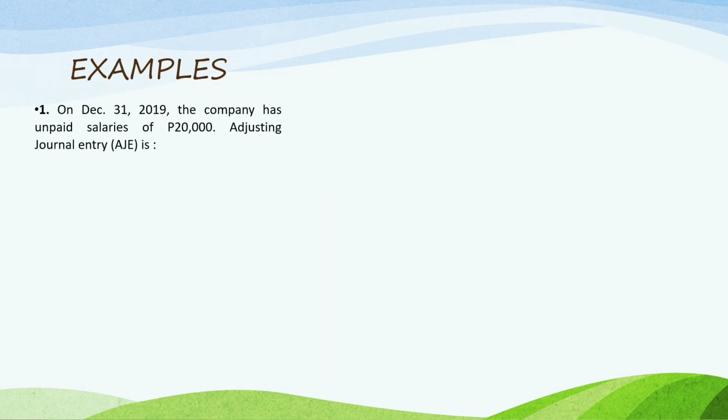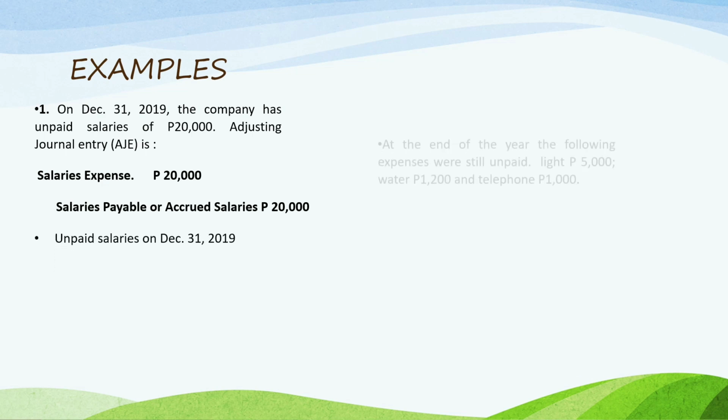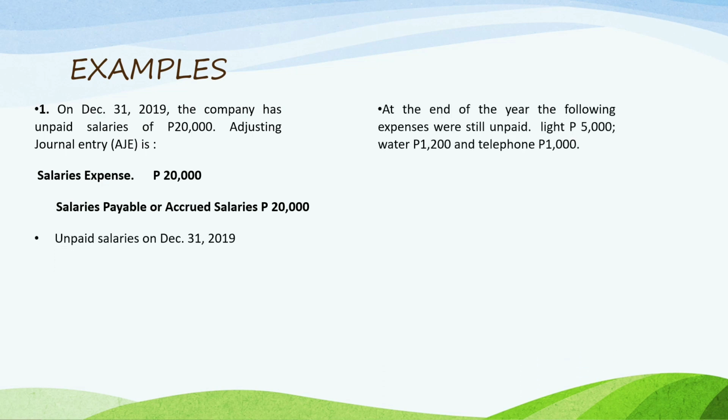Examples. On December 31, 2019, the company has unpaid salaries of 20,000. The adjusting journal entry is salaries expense 20,000 and credit salaries payable or accrued salaries 20,000. Another example: at the end of the year, the following expenses were still unpaid: light 5,000, water 1,200, and telephone 1,000.